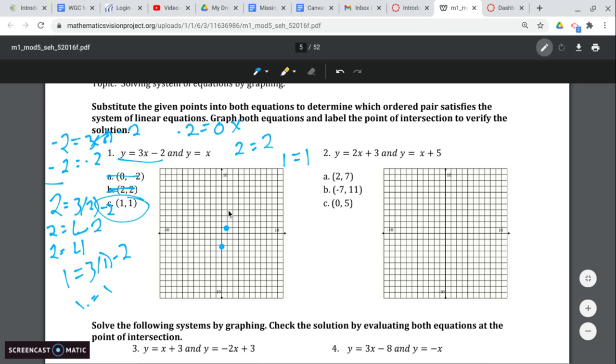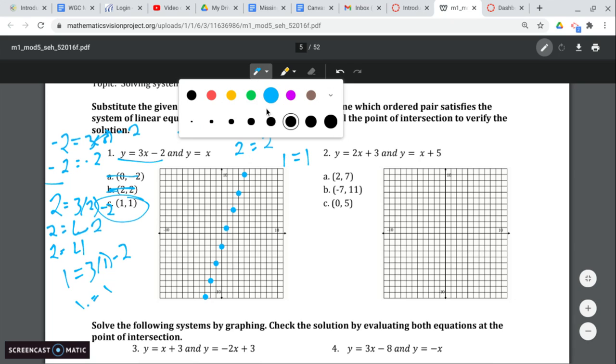We just follow our slope through, up 3, over 1, and come back down the other way, 3 down, over 1. So that way we have the whole thing graphed out. And so there's our first equation, all graphed out.